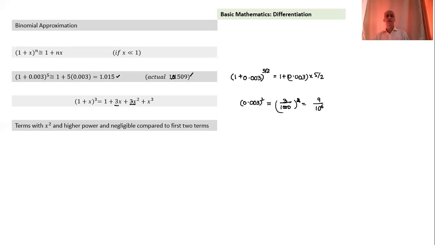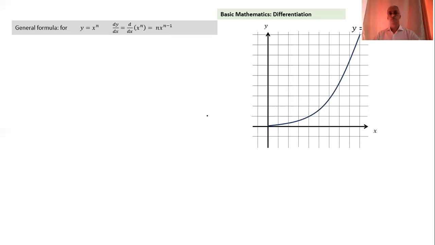So whenever you have this kind of expression, terms with x squared and higher powers are negligible compared to the first two terms. If x is small, I can ignore them. So 1 plus x to the power n can be approximated as 1 plus nx. That's the idea behind this binomial approximation. We'll use it later on. Next slide. Right, let's move on.